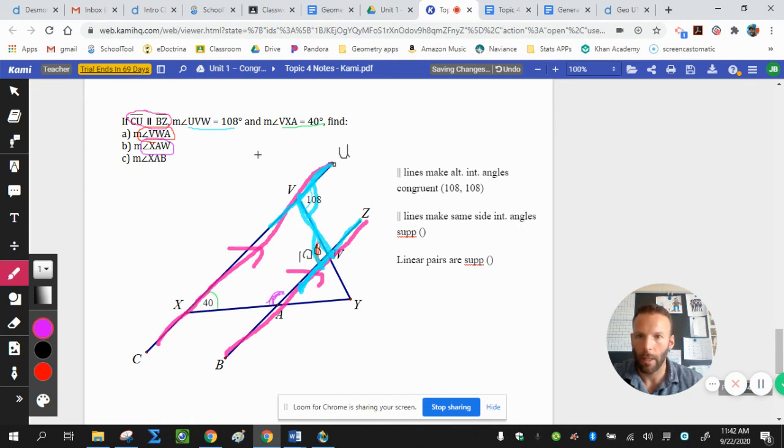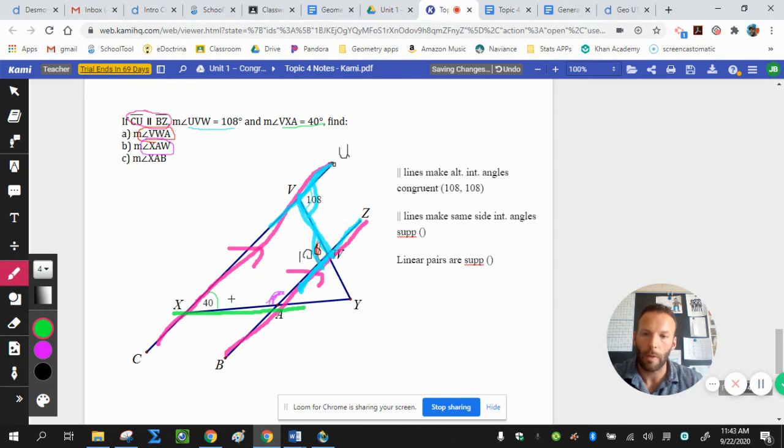Let me highlight that transversal in green, with a little bit thicker line here. This is my transversal for the parallel lines on this side. So now what you see is I have this angle that's 40 and this angle XAW that's much bigger than 40. 40 is the acute angle, this is the obtuse angle. Those two angles are both inside of the pink parallel lines, and they're both on the same side of the green transversal.